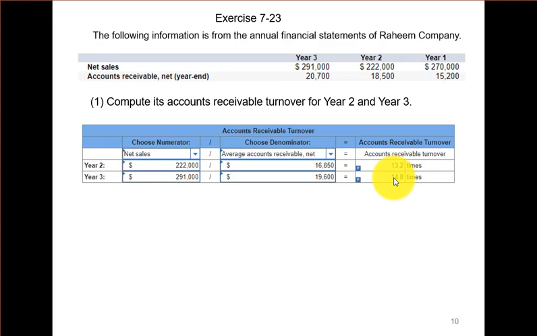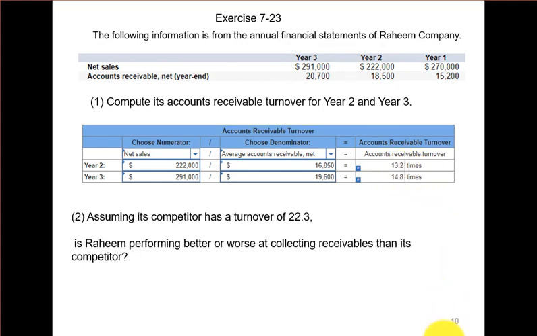Going forward, it looks like our receivables turnover has gotten a little bit better, 14.8 compared to 13.2. So assuming Rahim's competitor has a turnover of 22.3, is Rahim performing better or worse at collecting its receivables? Well, it's performing worse because 13 and 14 times is slower than 22.